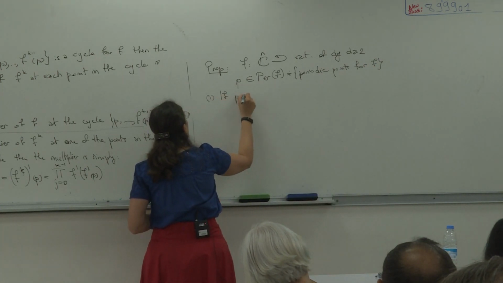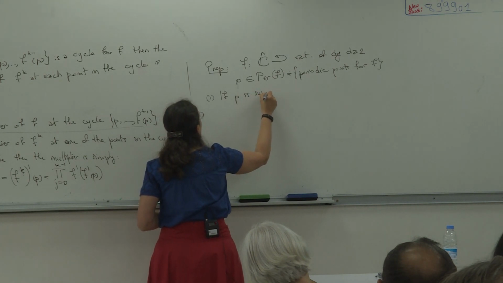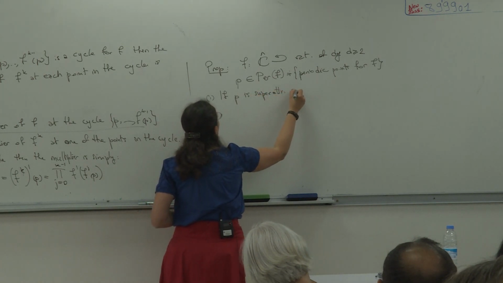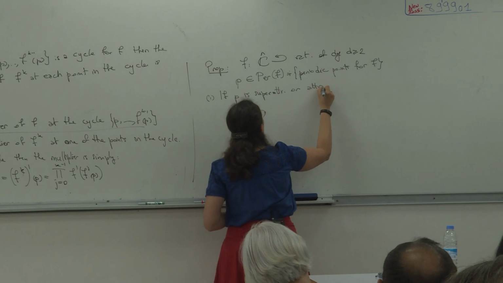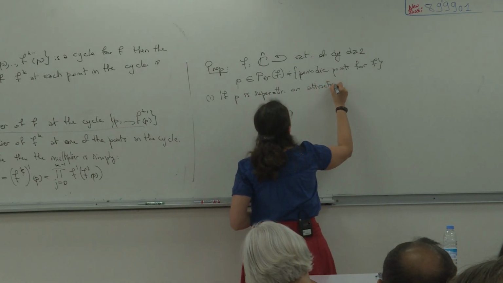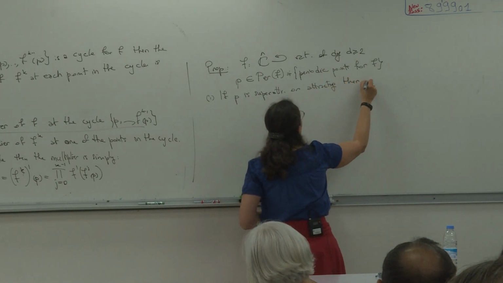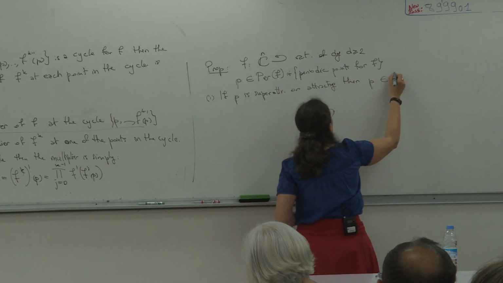If p is superattracting or attracting, then p belongs to the Fatou set.